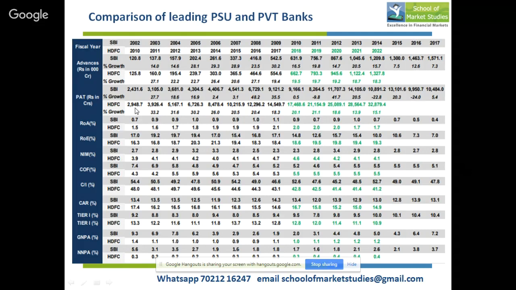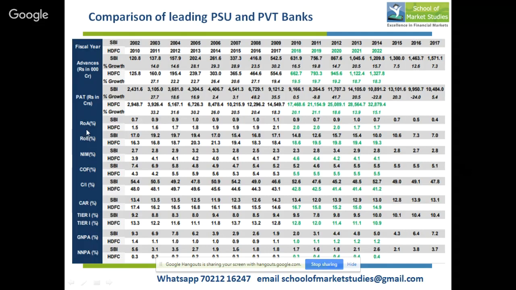So, without getting too much into the nitty gritty of this extremely number heavy sheet, what I would like to point out to you is these factors, namely the ROA, which is the return on assets, the return on equity, NIM, which is net interest margin, the cost of funds, the cost to income ratio, the capital adequacy, and obviously the NPAs.